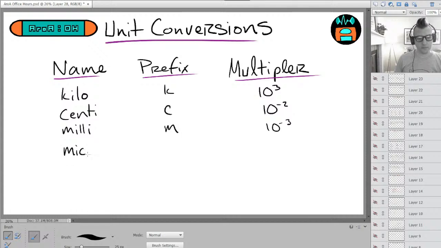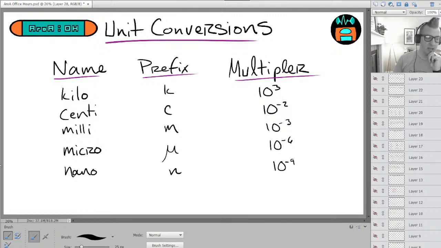Micro is mu, the Greek letter for M. M was taken for milli, so micro got the leftovers from another alphabet. It's 10 to the negative 6. And nano is N, it's 10 to the negative 9th.